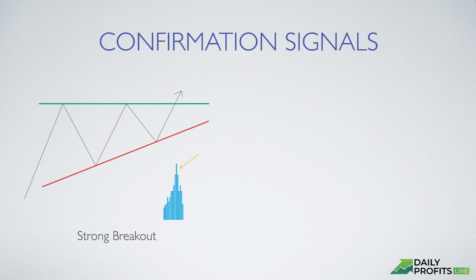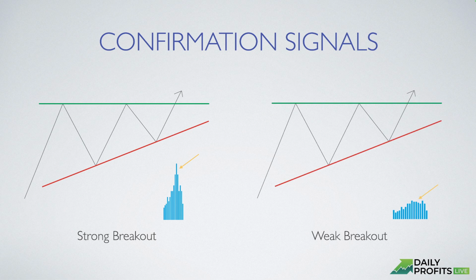So on a strong breakout, like we just discussed, we're going to get a move on volume, right? A breakout that is potentially weaker or potentially going to fail, we don't get that big volume spike on breakout, right? And so that also helps us confirm.